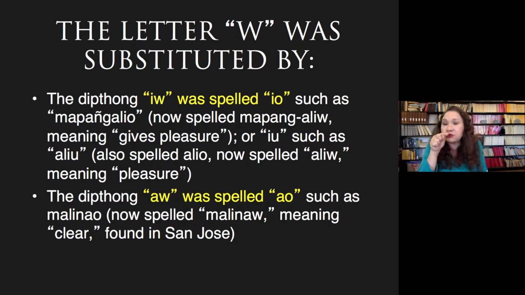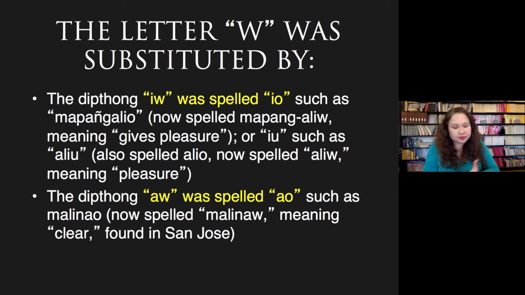See that? It's spelled as I-O. And now, of course, because we don't know that, if we're looking at this word and we see the I-O, you're thinking, oh, maybe it's pronounced mapangalio. So it's a little bit confusing nowadays. But at that time, when people saw I-O, they knew that that would be pronounced mapangaliw.